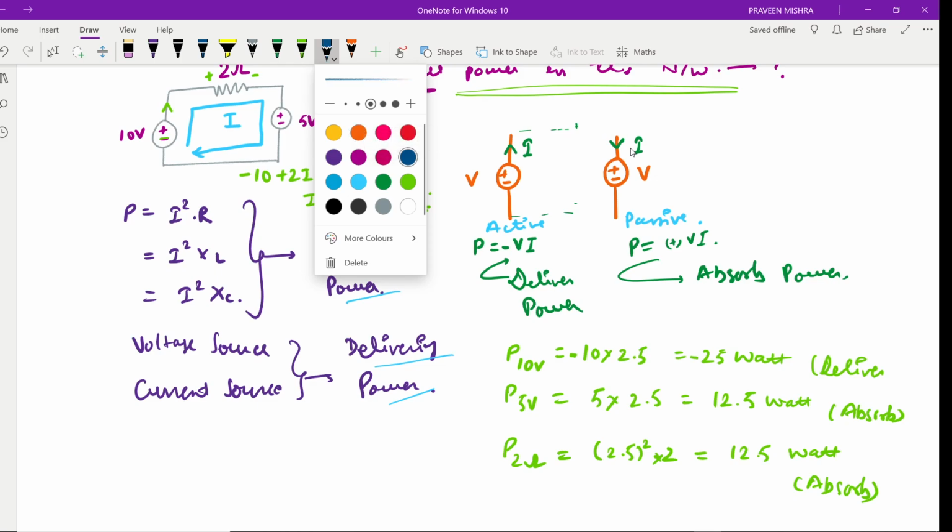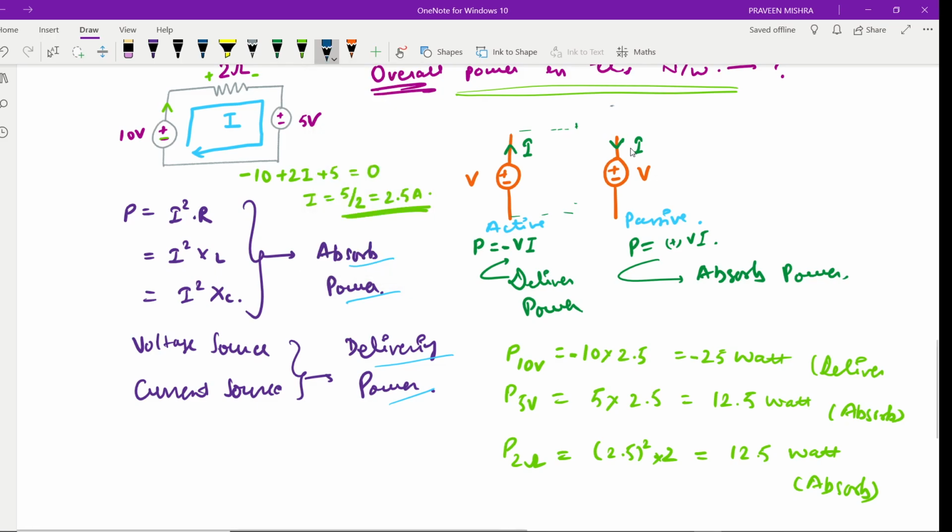Okay, so the overall power in the network will be P 10 volt plus P 5 volt plus P 2 ohm.